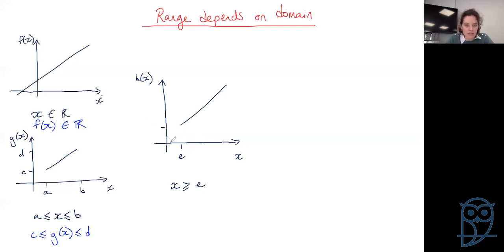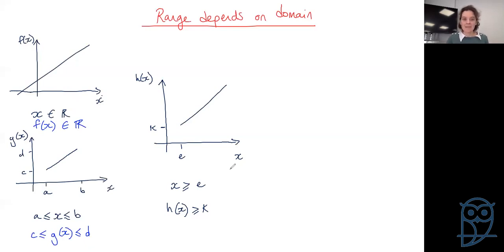Let's not use f because that's a function vector. Let's use k. So h(x) has got to be greater than or equal to k, because it can't be anything lower than that because there is no domain to give it values lower than that. Okay, our range depends completely on our domain.